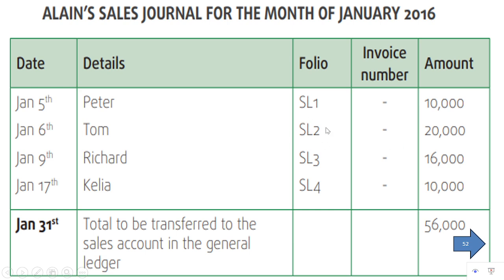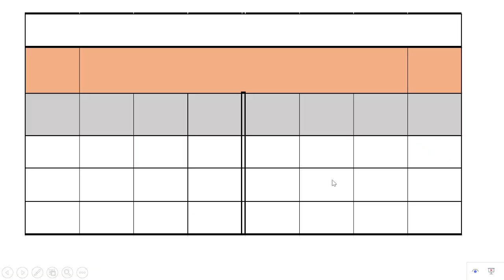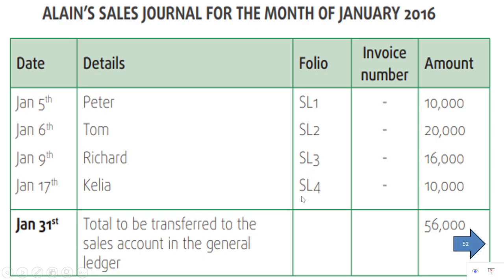The SL, this is the sales ledger, the reference. On 9th, made credit sales to Richard for goods worth 16,000. Then on 17th, made credit sales to Kelia with goods worth 10,000 francs.